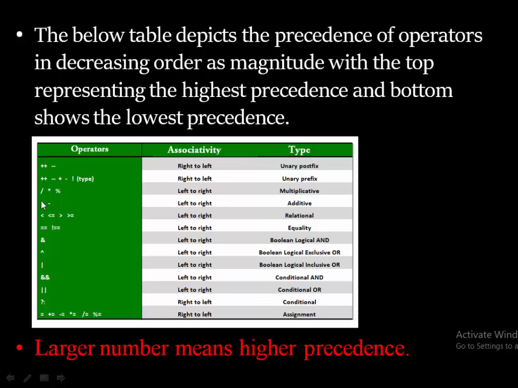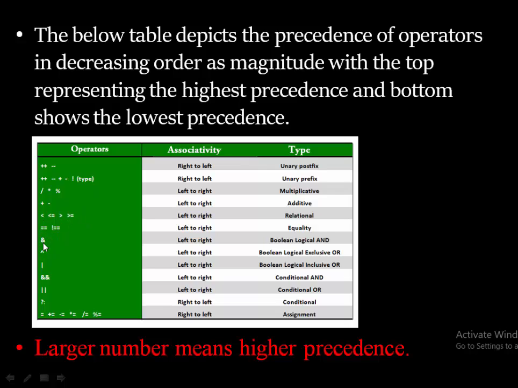Okay, and next, addition and subtraction. Next, the relational operators, lesser than, lesser than or equal to, greater than, greater than or equal to, have the next priority after the addition and subtraction operators. Then the equality operators have lower priority than these operators.